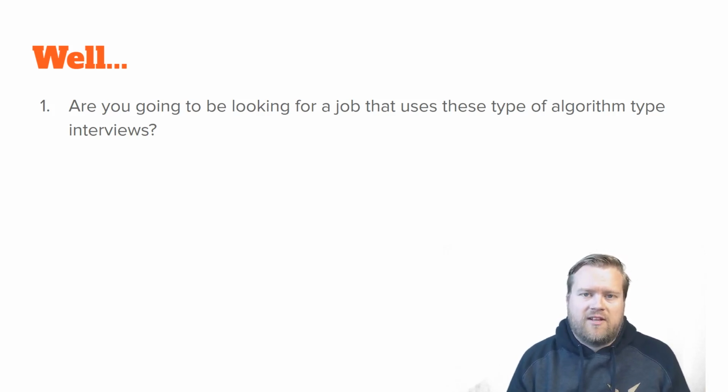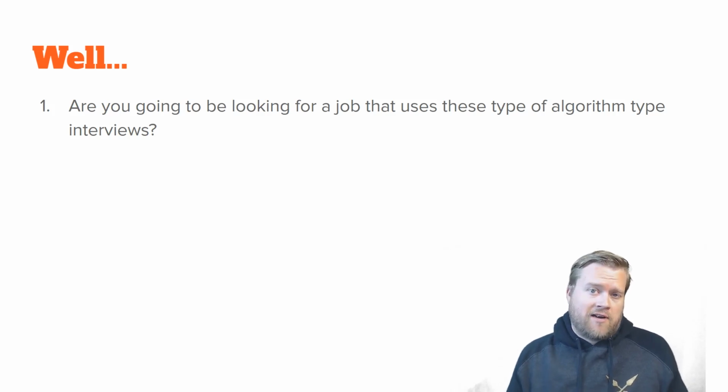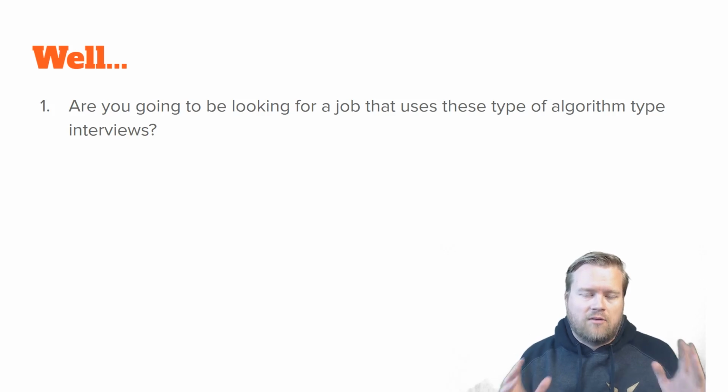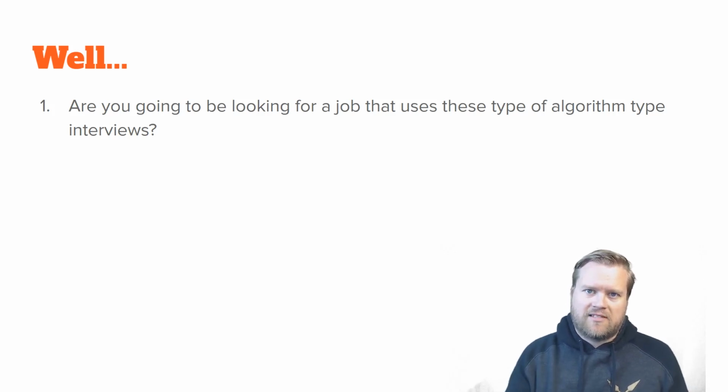So if you're looking for these jobs, there's no way of getting around it unless you have some really amazing connections inside the company that can elevate you past their normal hiring process so you can skip the algorithm and whiteboarding. You are going to deal with this. And of course, if this is something that you completely hate, like I said in that previous slide, look for a company that doesn't do a whiteboarding interview.